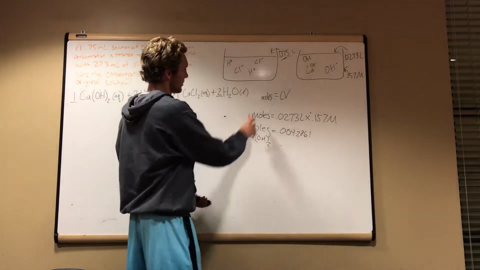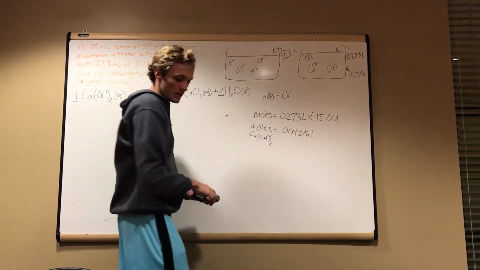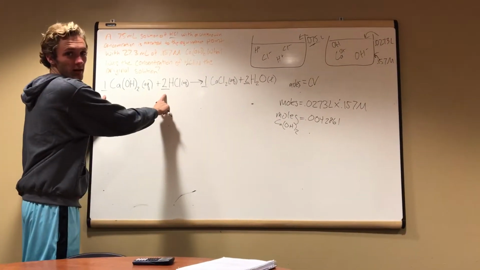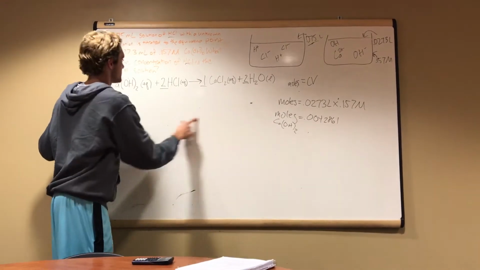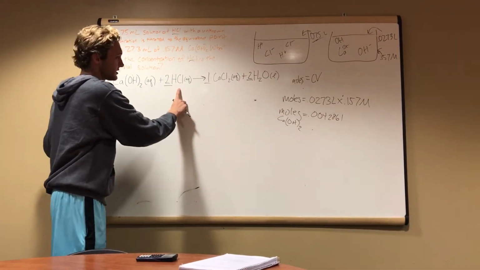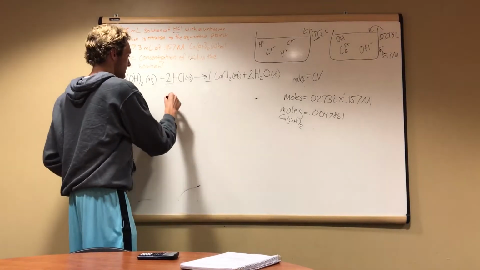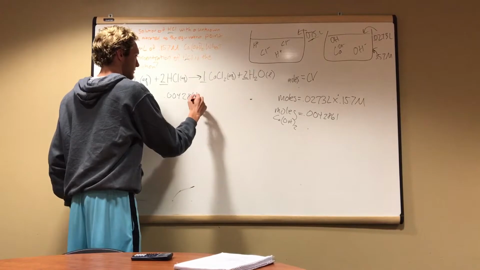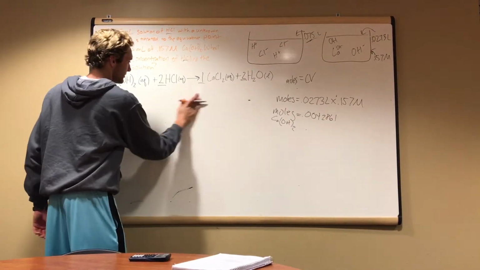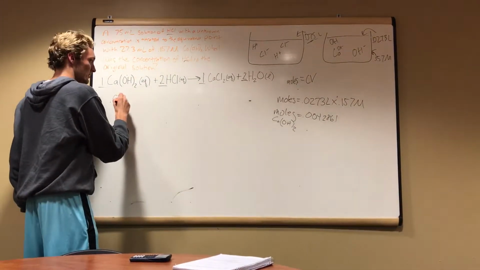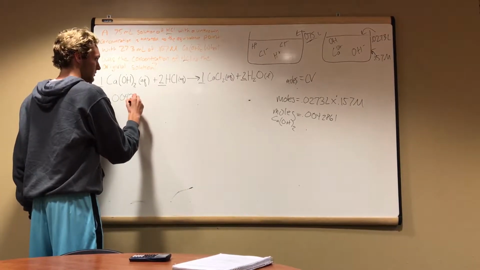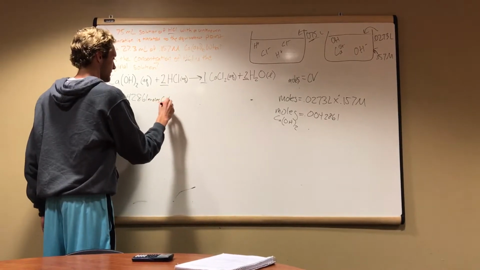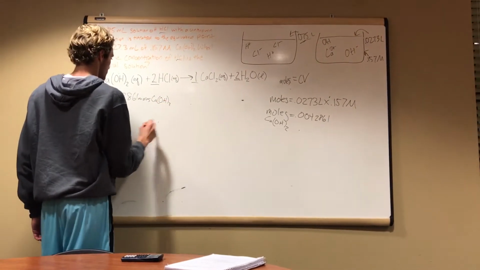But we don't want that. We want moles of HCl. So in order to do that, we're going to use the stoichiometry that we just found here in order to convert our moles of Ca(OH)2 into moles of HCl. So we have 0.004286 moles of Ca(OH)2.